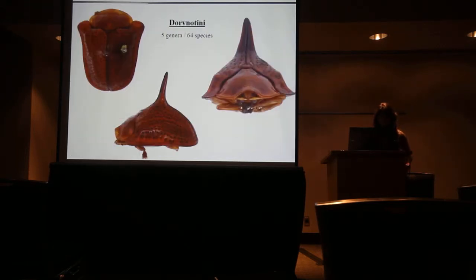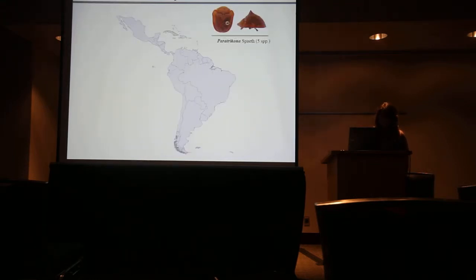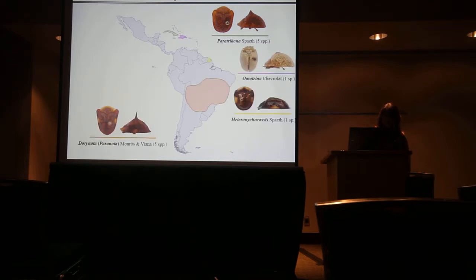Among them, we have the Dorynotini tribe, which is this really cute tribe that I work with. They are characterized by the presence of a very conspicuous spine at the back of the elytra. They have 5 genera, around 64 species, and a neotropical distribution.